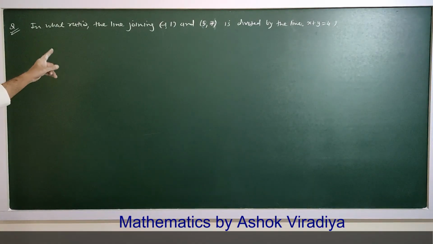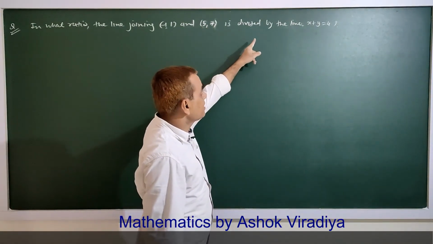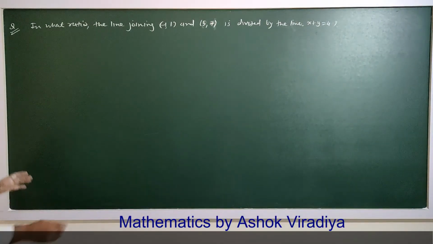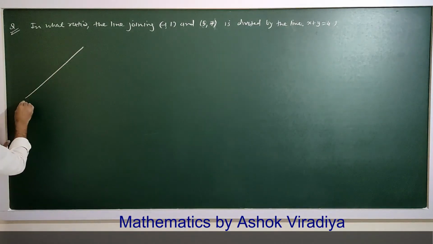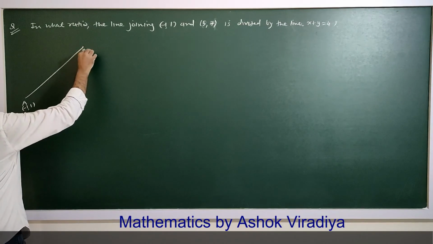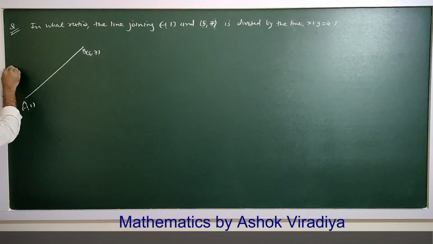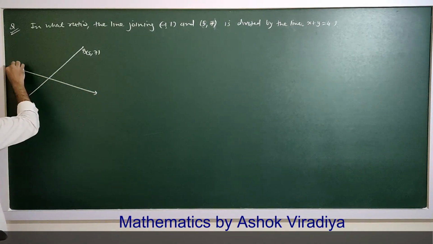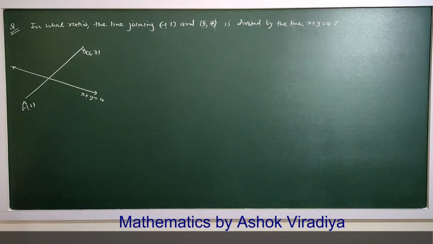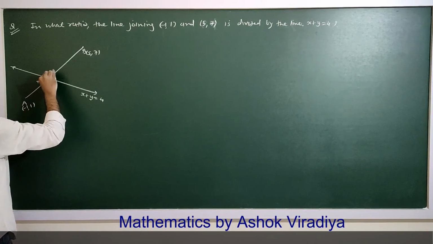In what ratio is the line joining minus 1, 1 and 5, 7 divided by line x plus y equal to 4? So here we suppose that A is minus 1, 1, B is 5, 7, and a line, this line is x plus y equal to 4. It divides this line segment in ratio m is to n.